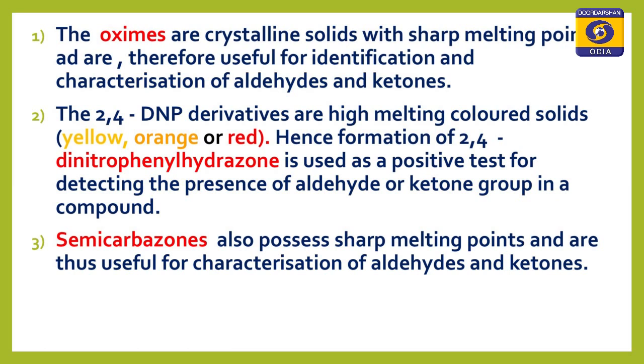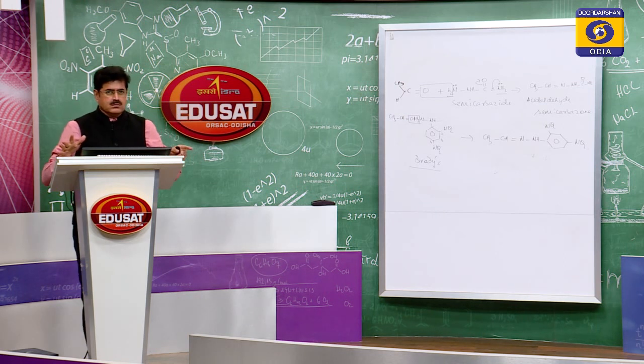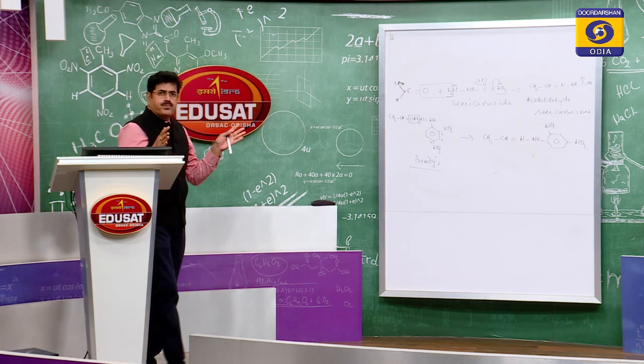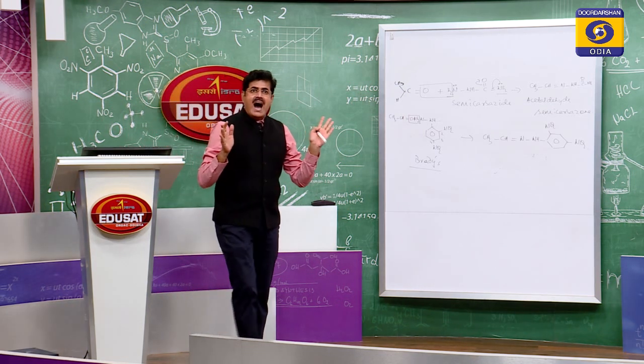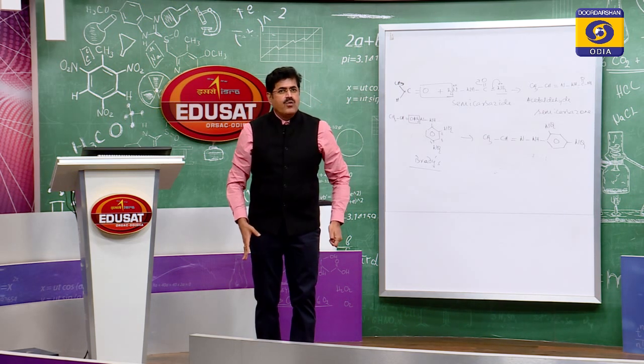For example, if a compound is given with molecular formula C3H6O, and it is also mentioned that this compound when treated with 2,4-dinitrophenylhydrazine gives an orange red precipitate, what is that compound?